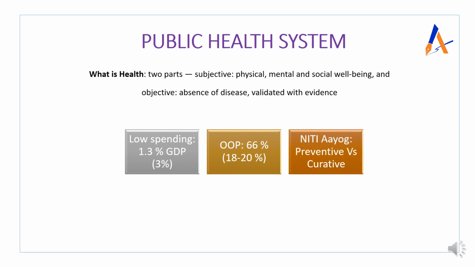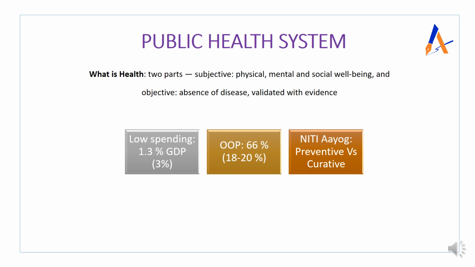If we analyze preventive versus curative care, Niti Aayog said that we should focus more on preventive care than curative care. At the global level, countries are spending more on preventive care so that the burden on tertiary and secondary health care should be less. If we are investing more in preventive care, then logically fewer people will fall ill, so the burden on the health infrastructure will be less.